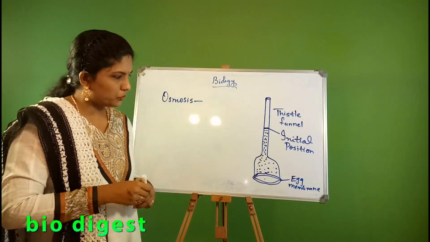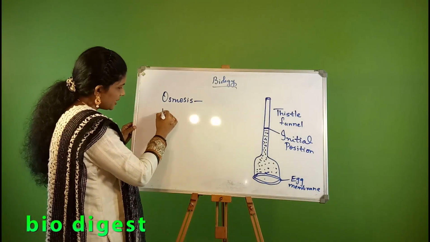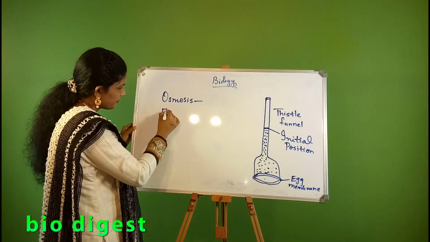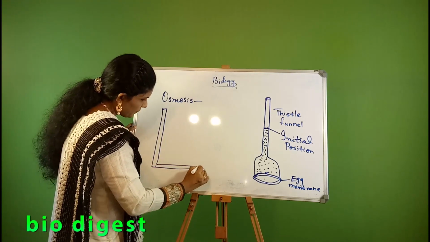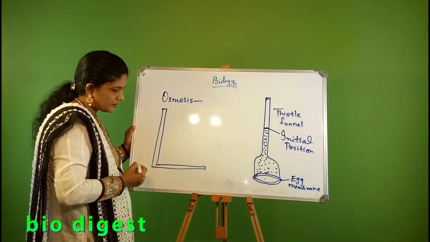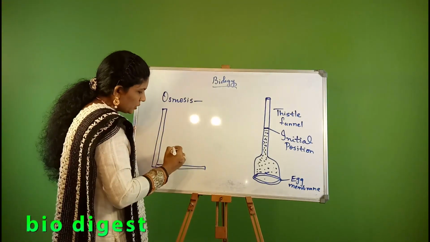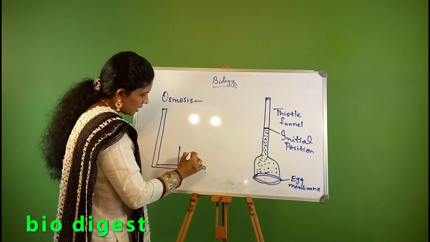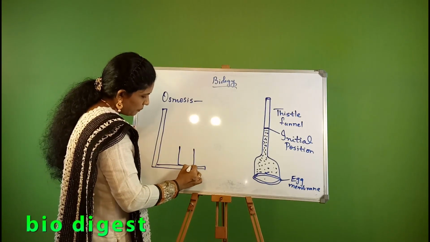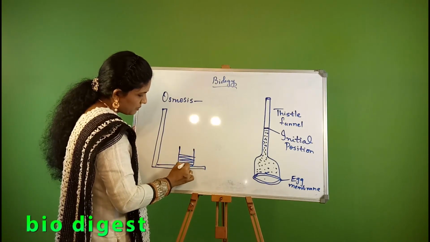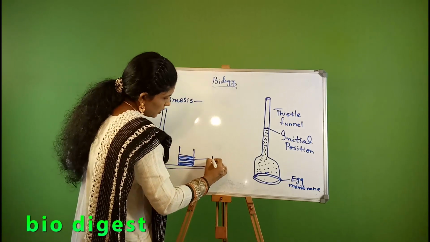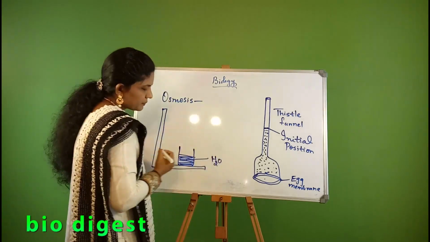Now what you have to do? We are taking a stand like this. Okay, this is a stand. Now onto the stand we are placing a beaker containing pure water. So water is taken inside the beaker. I am shading the water like this. So this is water.